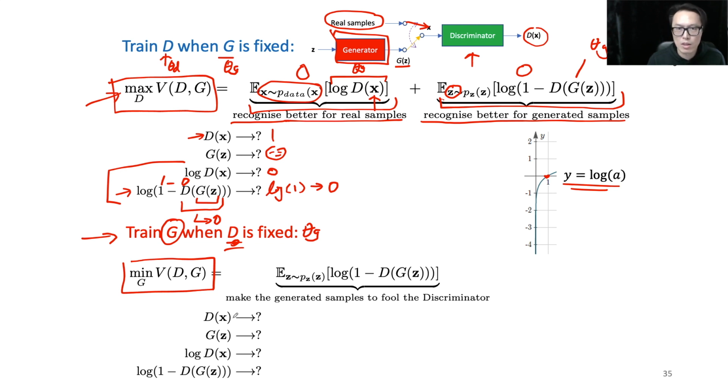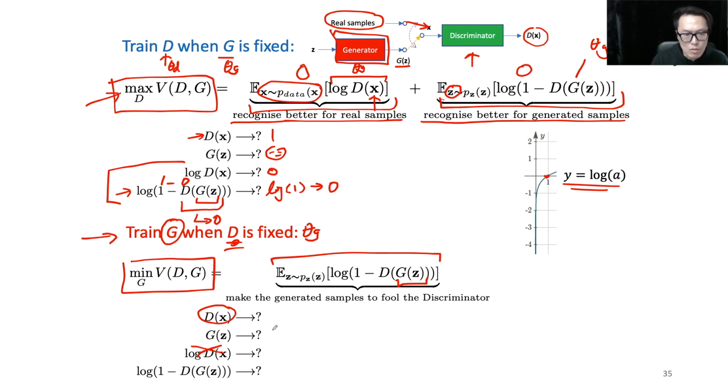Actually, if you look at this expectation, it does not relate to D(x), so we don't care about what value D(x) is. That's why we do not care about log D(x) as well. What we care about is this term G(z).